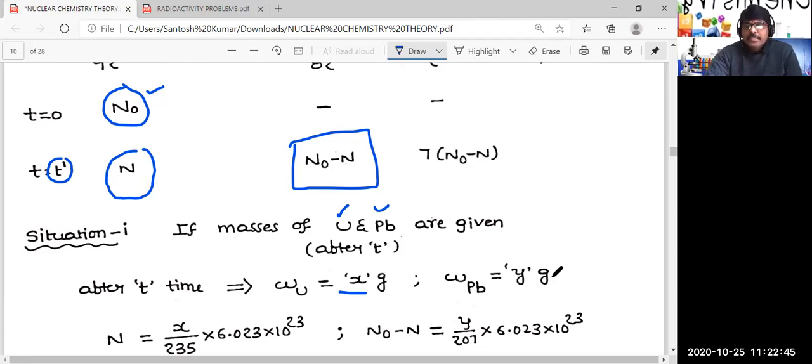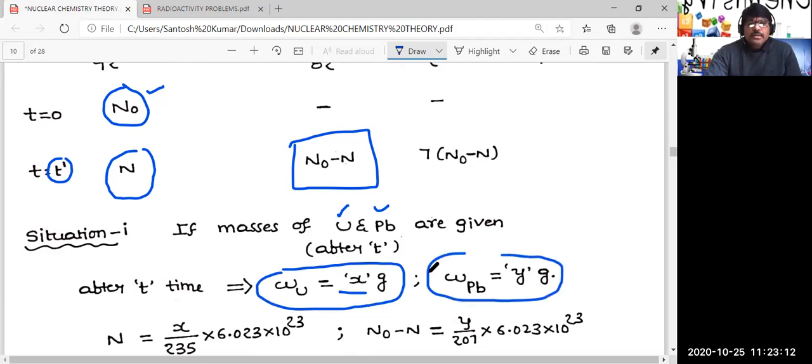And the mass of lead is given as Y grams. Actually, that rock was produced 20 years before, let's assume. At that time, how much uranium was there, we don't know. But today you are studying the composition of the particular mineral or rock, and the experiments revealed that the amount of uranium is X grams and the amount of lead is Y grams.